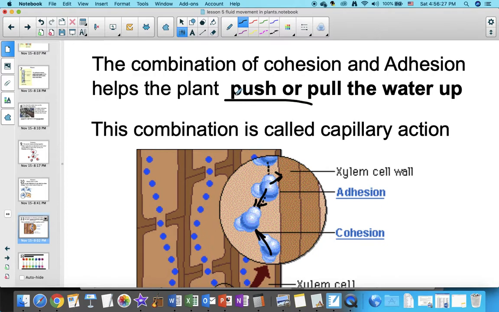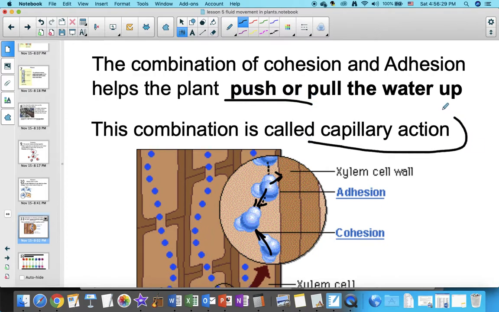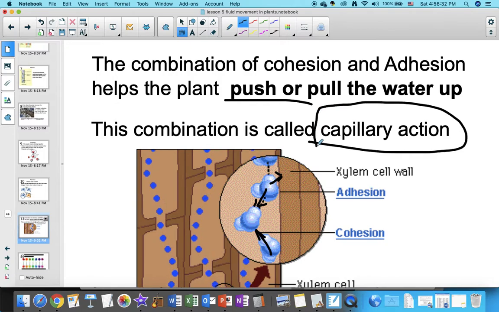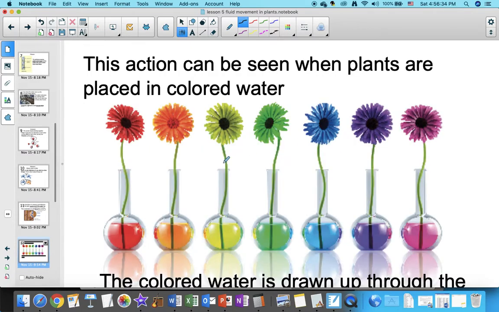This combination of pushing and pulling is called capillary action. And you can see this in effect if you were to cut a flower and stick it in dyed water. Again, the water is attracted to each other, so as it moves into the plant, the water is attracted to the walls of the inside of the plant, so adhesion, but it also pulls other water molecules up, cohesion, and the buildup of water molecules pushes the water up the plant, and this is called capillary action.